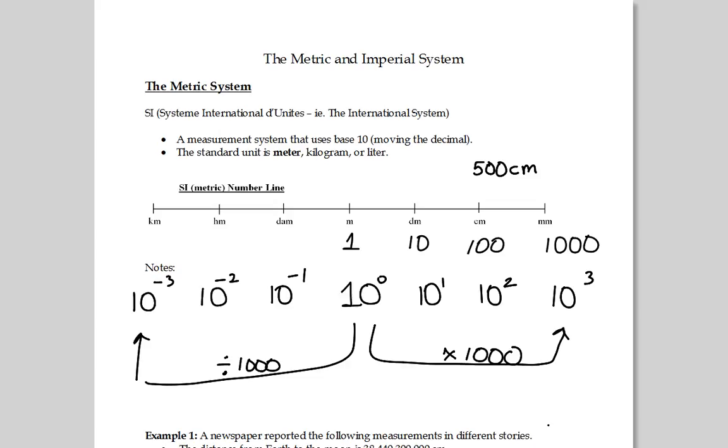It's pretty obvious. 500 centimeters is 5 meters. Well, how do I know? If it was a more challenging one. 1 step, 2 steps. Divide by 10, divide by 10. So 500 becomes 50, and then 50 becomes 5. So really, what you did was 500 divided by 10 2 times.